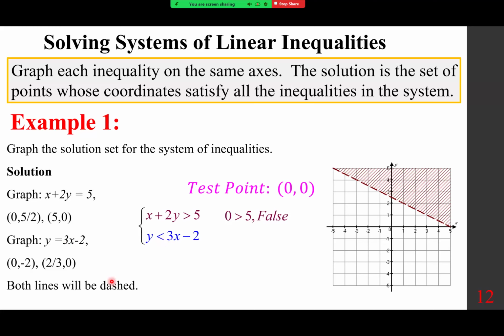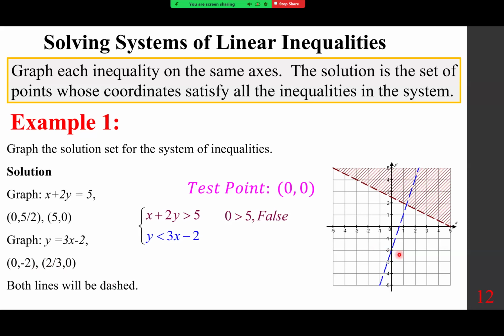I can't emphasize this enough because equality is not there. So we should recognize it as a dash line. So we draw the line simply by putting the intercepts (0, -2) and (2/3, 0), and a dash line.